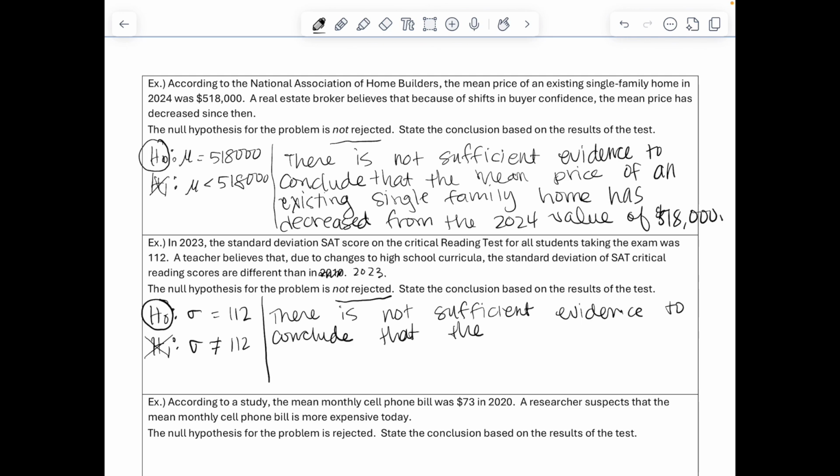that, and again, we need to talk about this problem, which is the standard deviation.